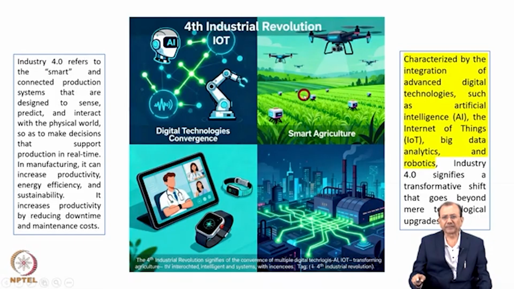Here there is a difference which I would like to mention. When we were in the information technology revolution, that is the third industrial revolution, this kind of requirement was not there.